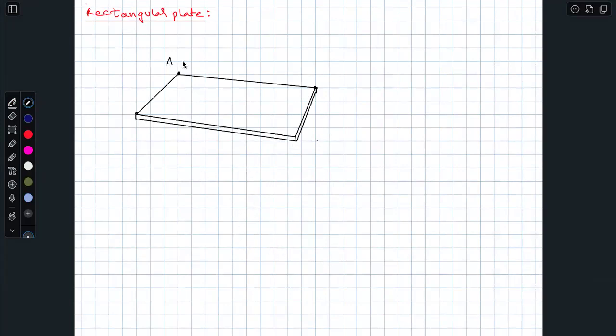This is the rectangular plate ABCD. AB is equal to DC is equal to A. AD is equal to BC is equal to B. You can call this as length and you can call this as breadth.